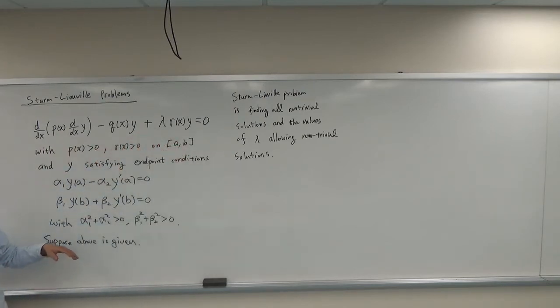We had alpha 1 and beta 1 as 1 and the others 0. In that case, what solutions did we get? We got the sines, right? With 0 and L. So we solved that one, and we also did the other case, same thing, but with these being 0 and these being negative 1 and positive 1, and then 0 and L. In that case, we got the cosine.